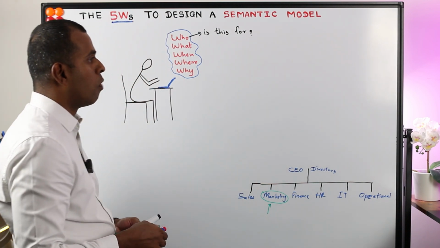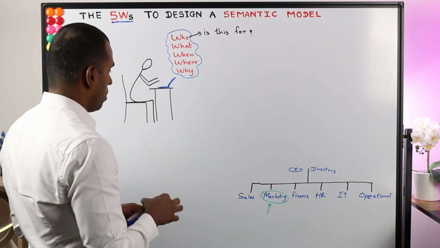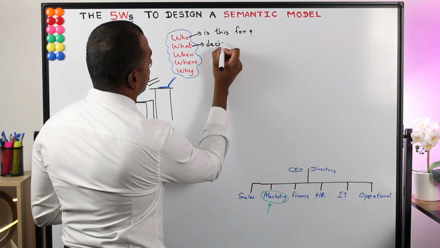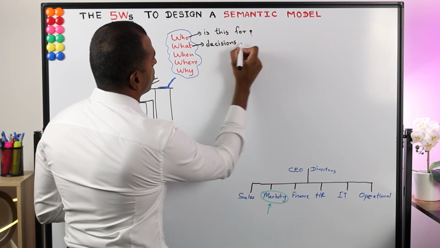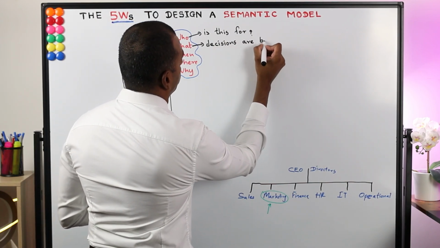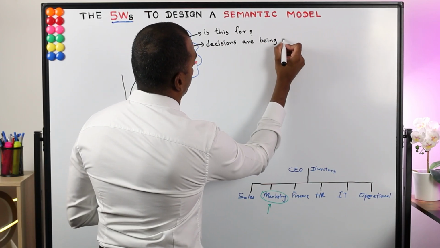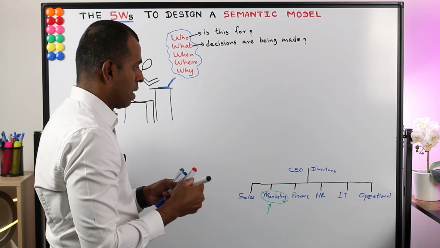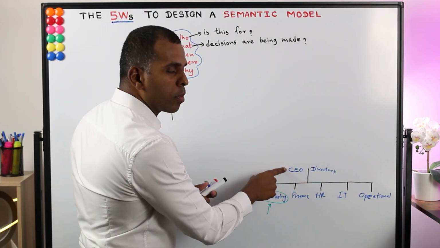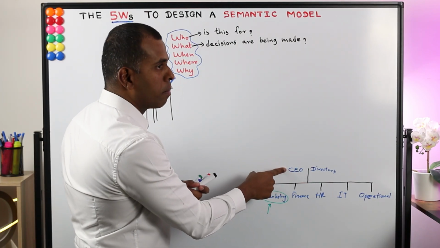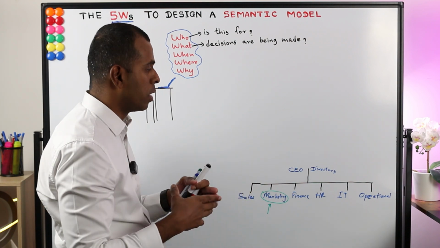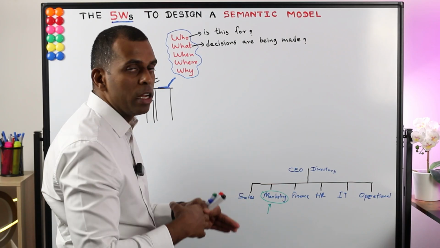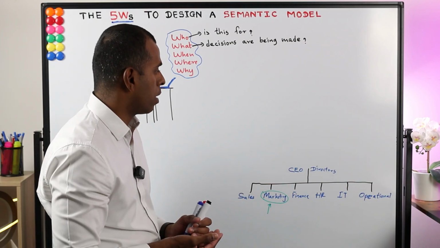The next one is what decisions are being made. These top level managers or CEOs, their decisions are more powerful. So they need more data, more insights when they make decisions.